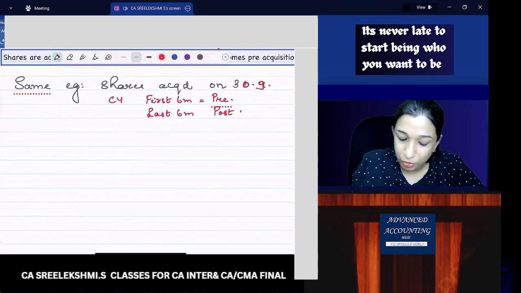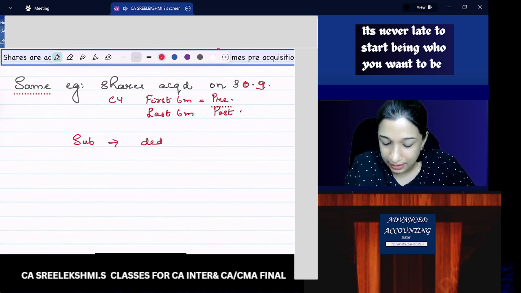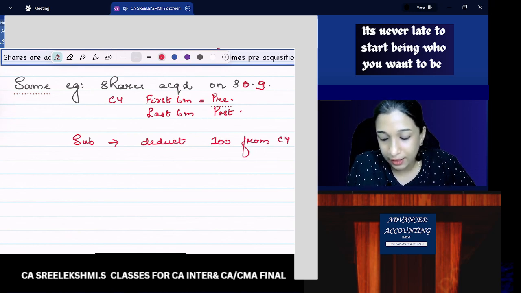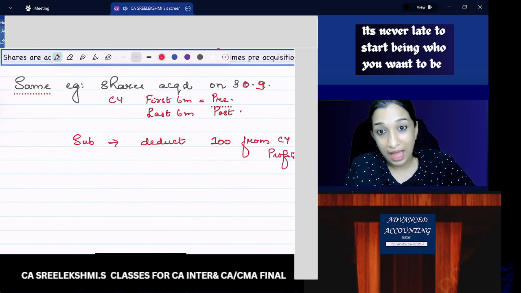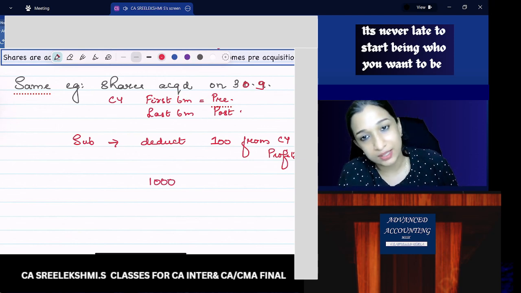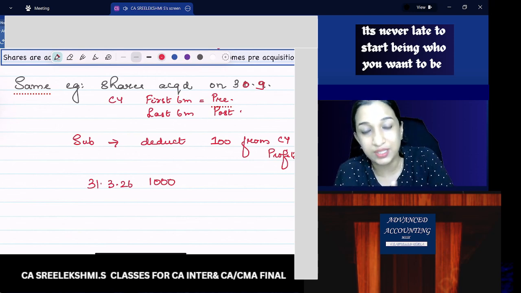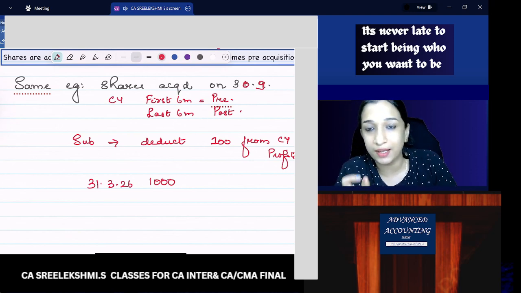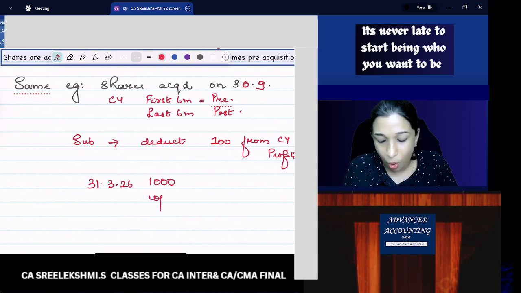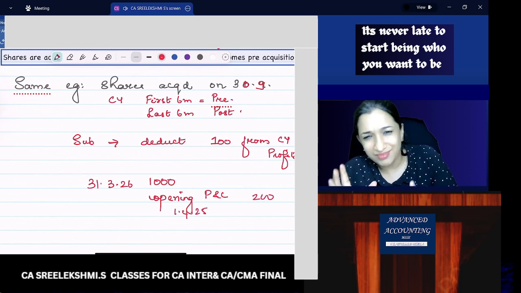So from the subsidiary's point of view, deduct 100 from current year profits. If you have a doubt, let's take an example. Say the subsidiary's closing P&L on 31st March 26 is 1000, and the opening P&L on 1st April 2025 is, randomly, 200.